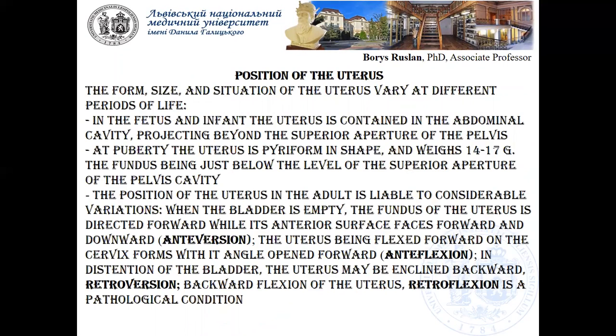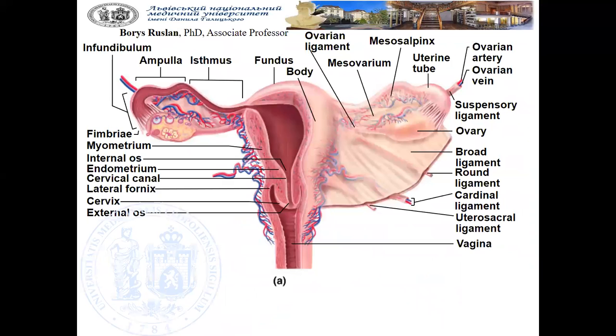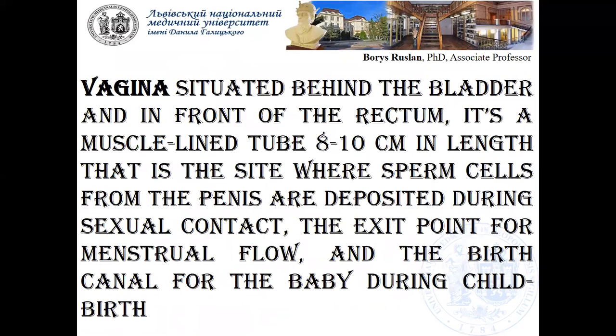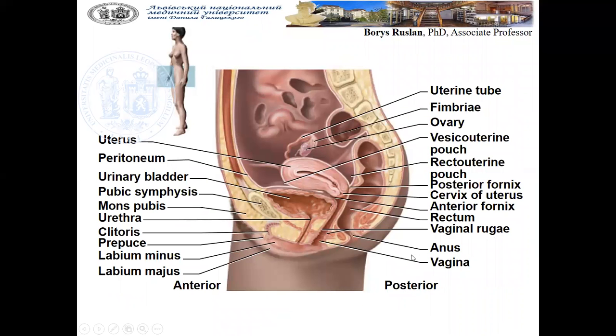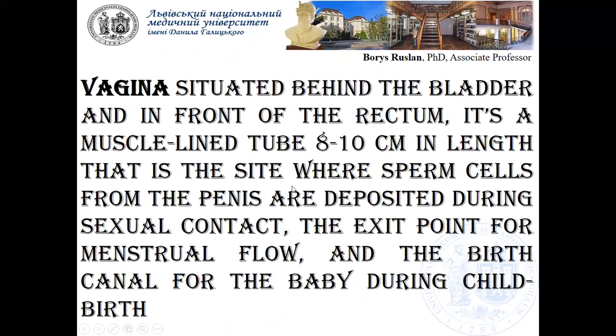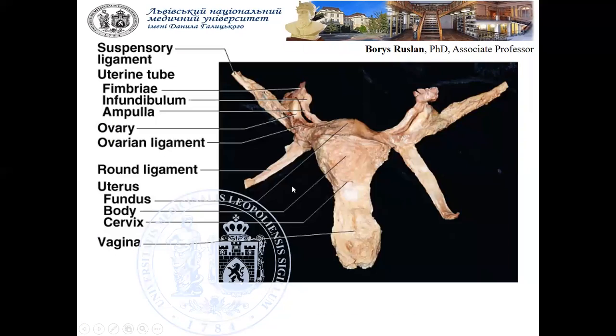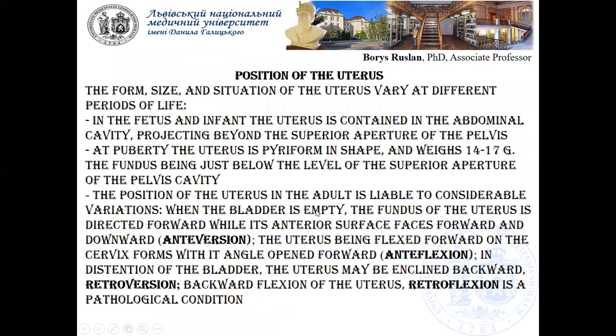What about the position of the uterus? You can see, right, that the uterus can have a lot of different positions. The form, size, and situation of the uterus vary at different periods of life.